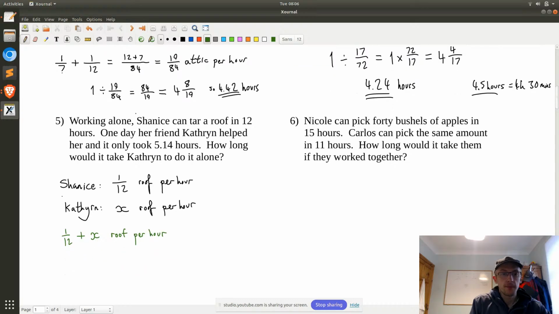So what is X plus 1/12 as a fraction? Well, it would be 12x add 1 over 12.